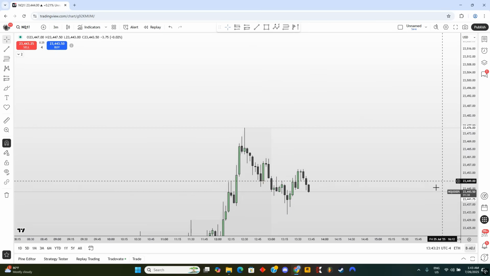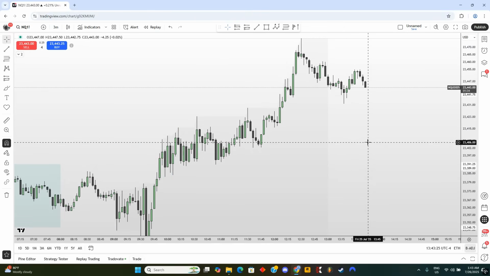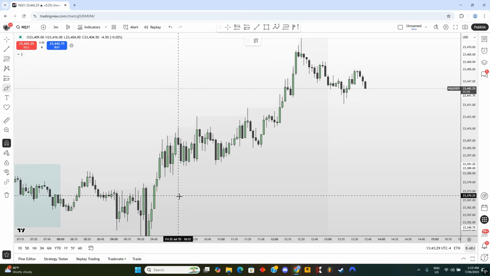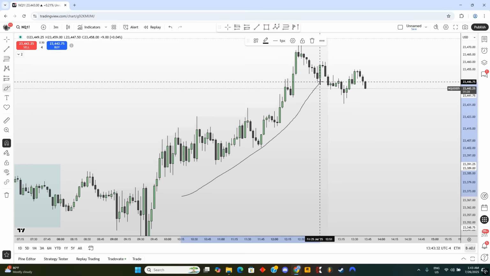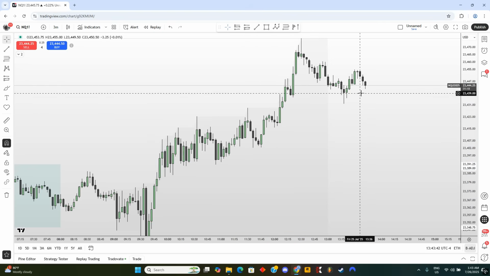Okay, now how do you identify the higher time frame order flow? So let me go to this random NQ pair and let me show you this, all right? Now, as soon as I open a pair or asset, I should be able to identify the direction within, I'd say, 3 seconds. If I start second guessing, maybe it's just consolidating, maybe it's going down or maybe it's going up, then I move on to another pair.